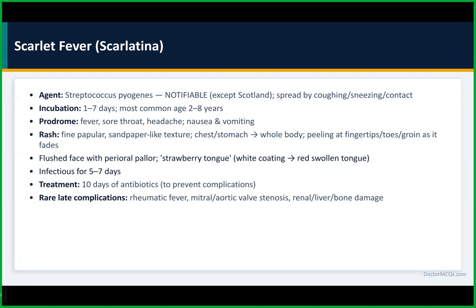Otherwise, all the previous management was supportive: hydration, rest and isolation. But scarlet fever is from Streptococcus pyogenes, a bacteria, so 10 days of antibiotics, just to prevent complications. It can also cause late complications like rheumatic fever, mitral or aortic valve stenosis, and some liver, renal and bone damage.